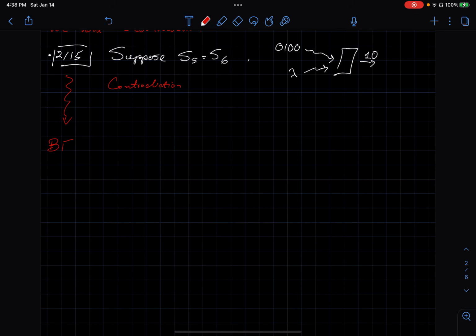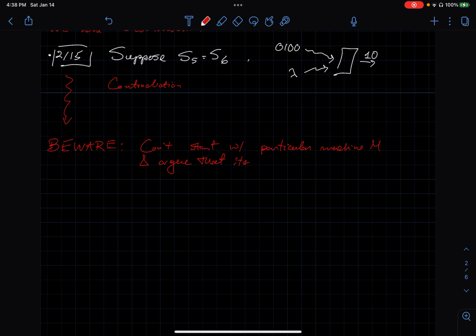So beware, what you can't do is start with a particular machine M and argue that its particular states can be collapsed.